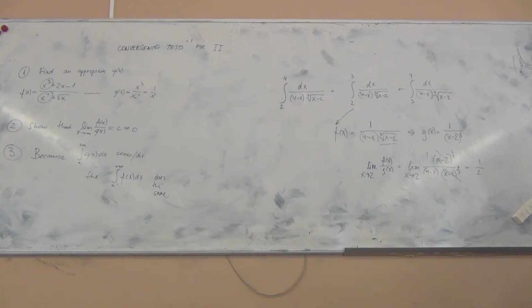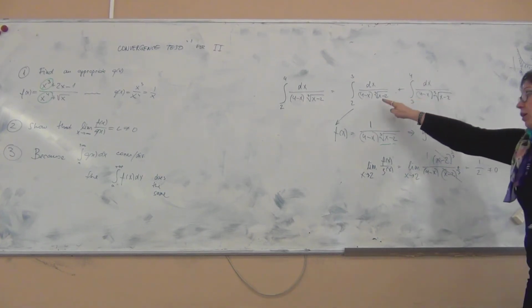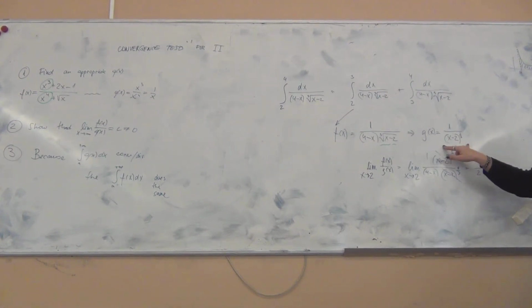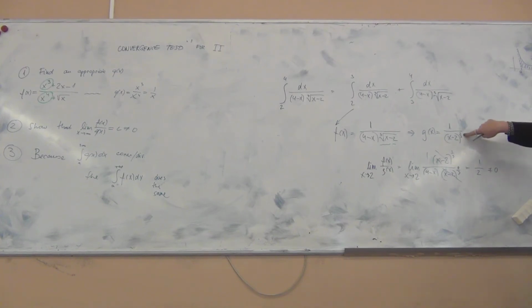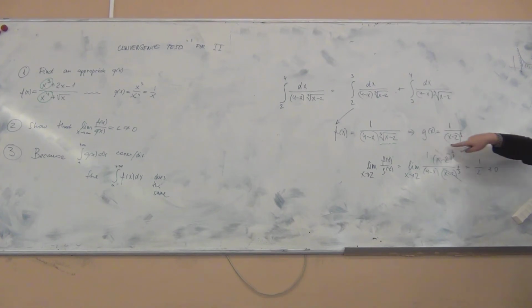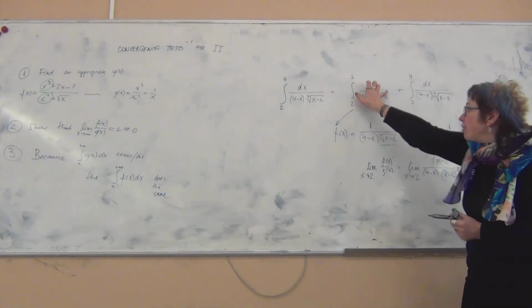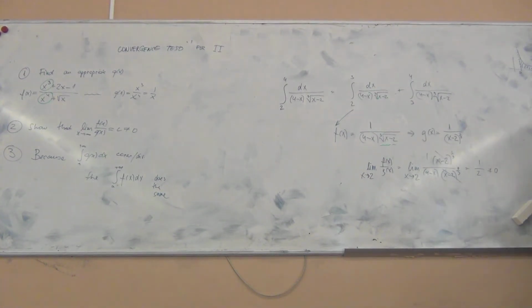So the limit comparison test works for the first part. This is not 0. So this means that this integral and the integral of my g function behave in the same way. Because alpha is 1/3, less than 1, the integral of g function converges, therefore the integral of the f function, this one, converges.